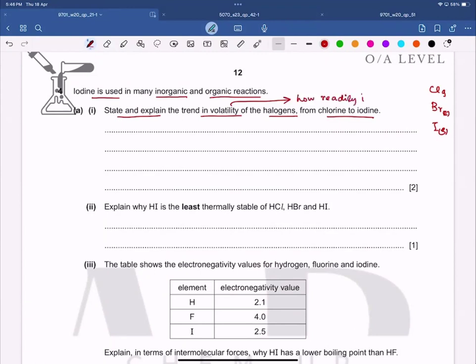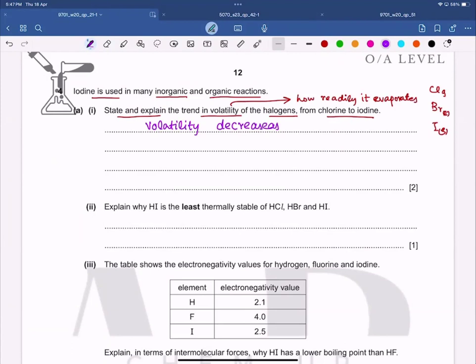How readily it evaporates. So volatility is decreasing, right? Because the top one is a gas, the next one is a liquid, and the next one is a solid. So the volatility decreases, and what is the reason?